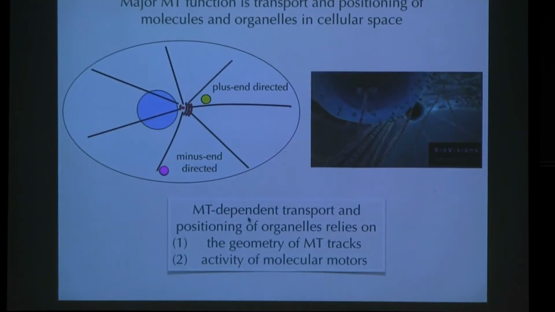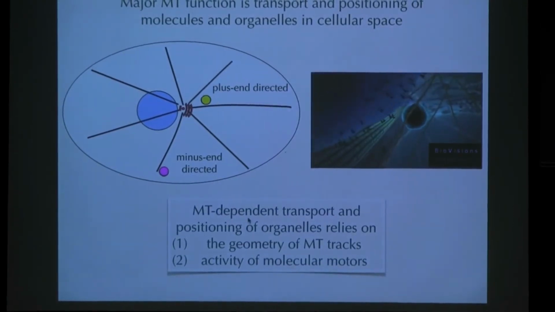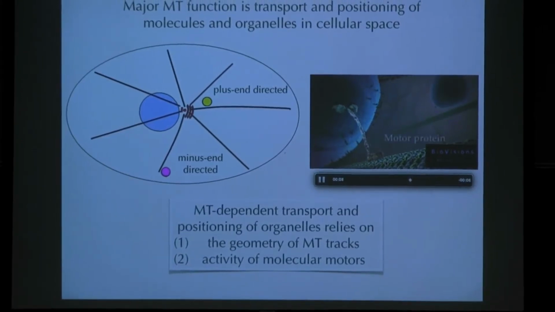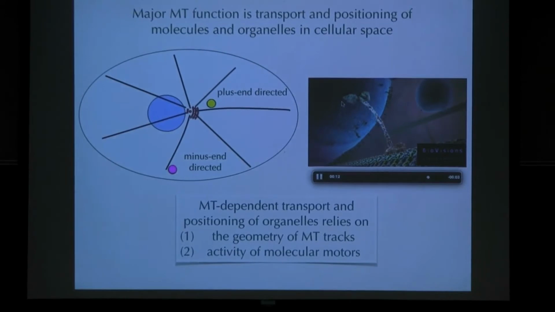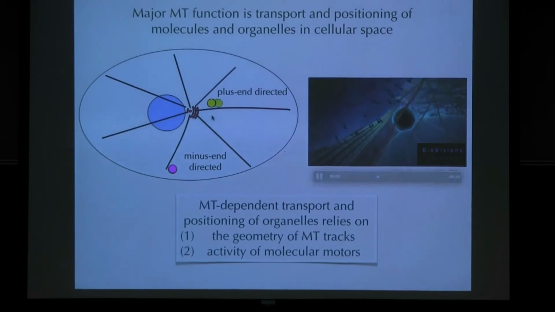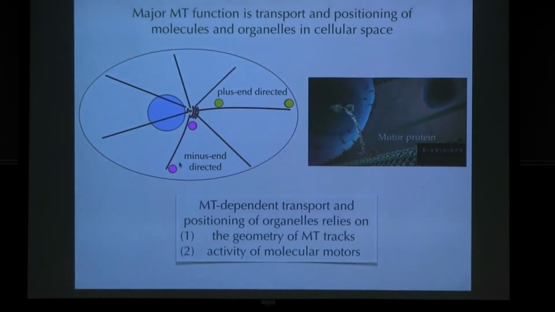The main function of microtubules is to serve as tracks for intracellular trafficking. This trafficking is driven by proteins called molecular motors, and specific molecular motors can go either from minus end towards plus end, kinesins, or from plus end towards minus end, dynein.